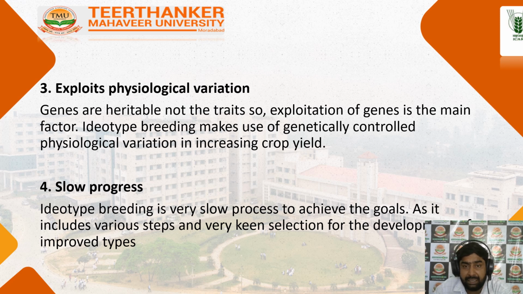It totally revolves around crop yield, meaning we want to increase the yield. And slow progress: ideotype breeding is a very slow process to achieve the goals. It includes various steps and very careful selection for the development of improved types.